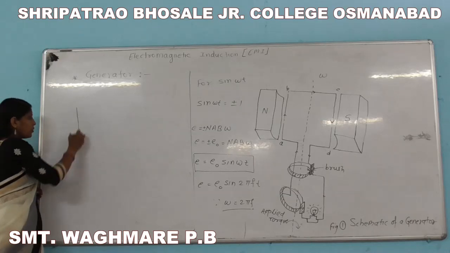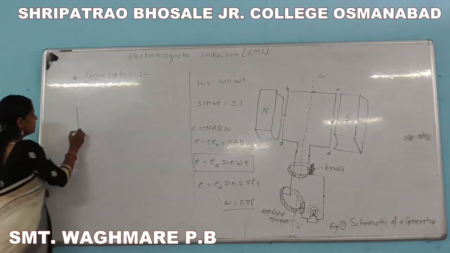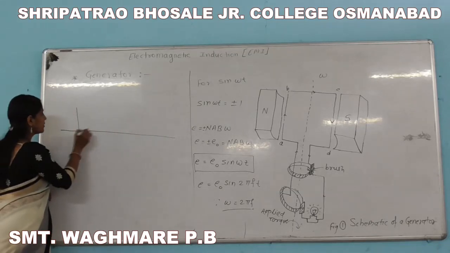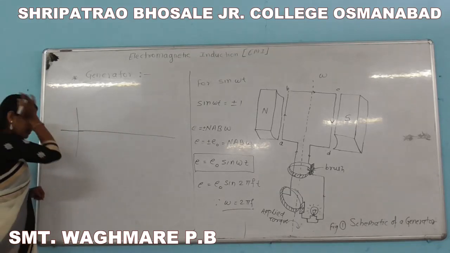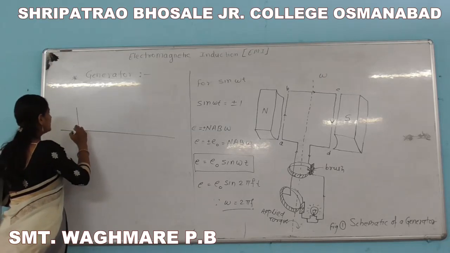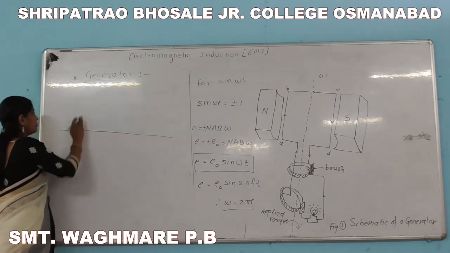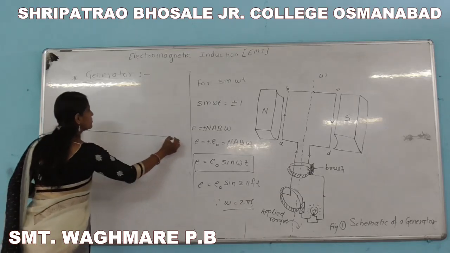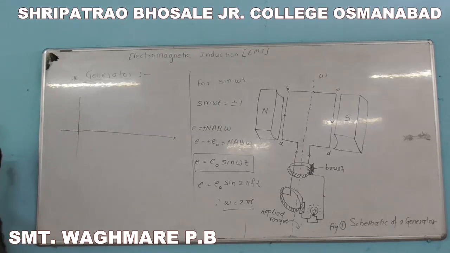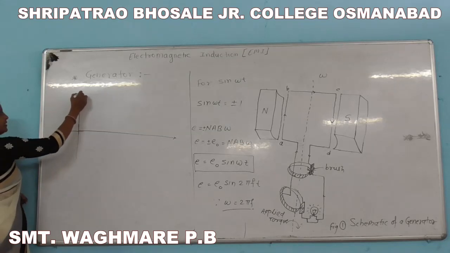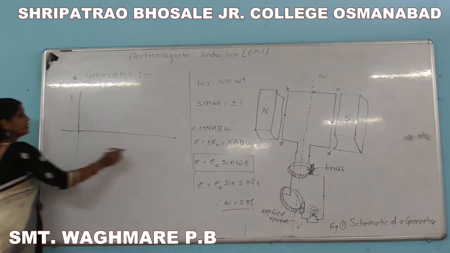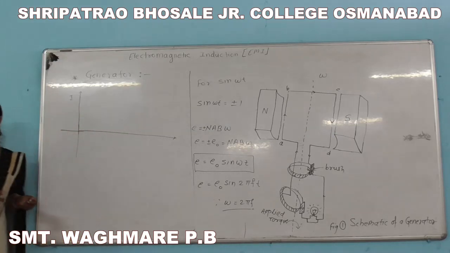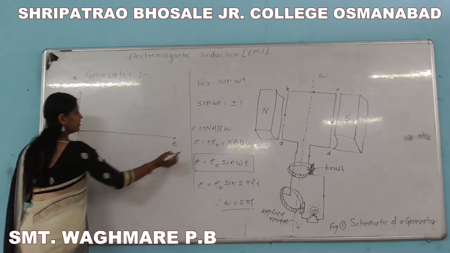For this we can draw the graph. Initially, suppose the coil is at a particular position and this is the direction of current. Here we can take the time or angle.